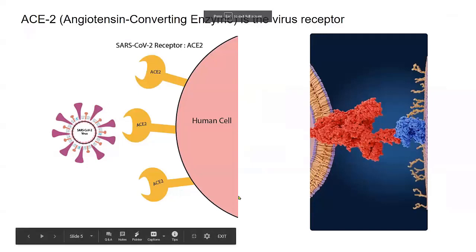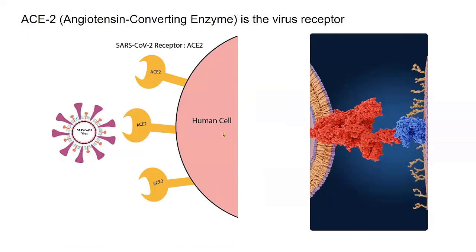There is a specific protein on some human cells. Not all, but some human cells have this specific protein. It's abbreviated ACE2. If you're a scientist, you know what ACE stands for, angiotensin converting enzyme. It's not important. Actually, it is important, but it's not important for you. So we'll call it ACE2, and it's on the human cell. It's the mechanism that allows the virus to bind to the cell.